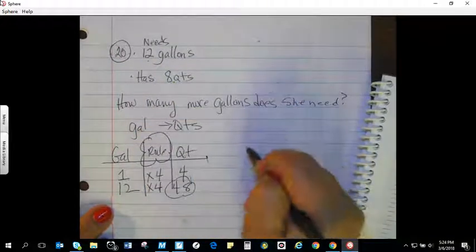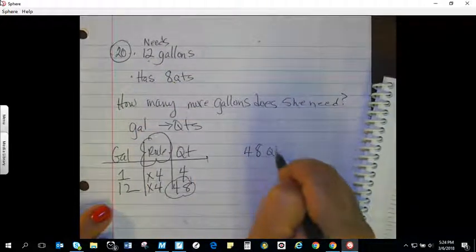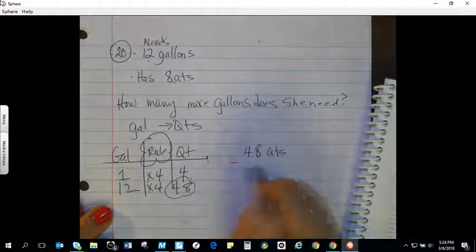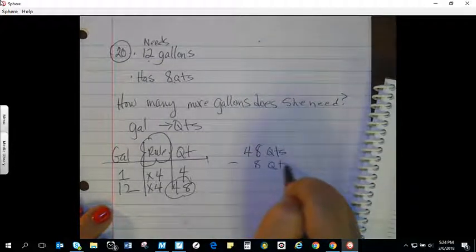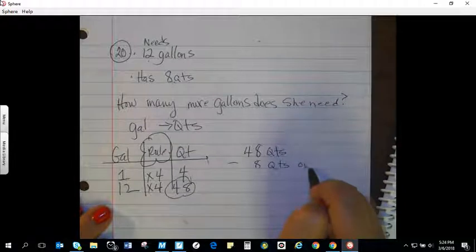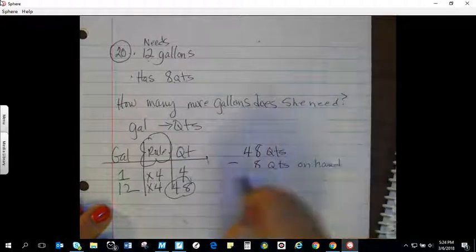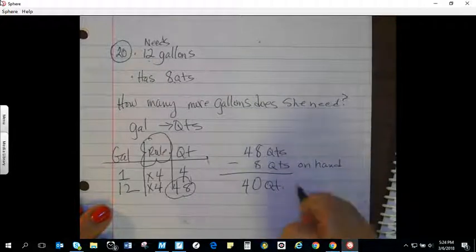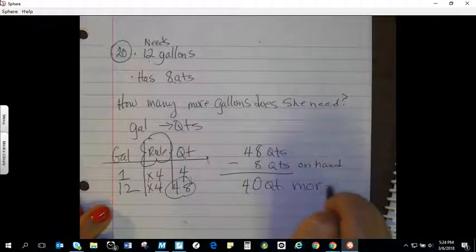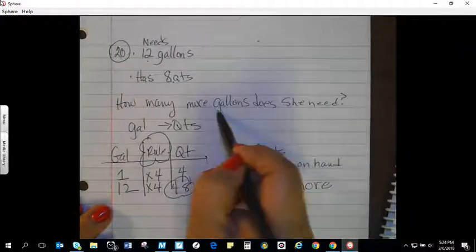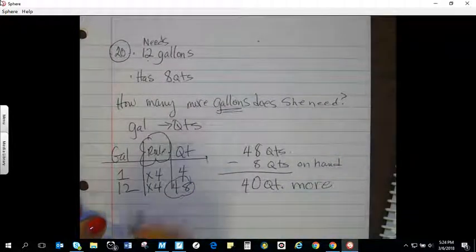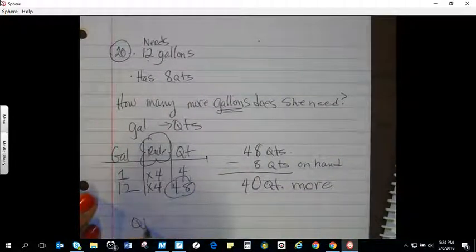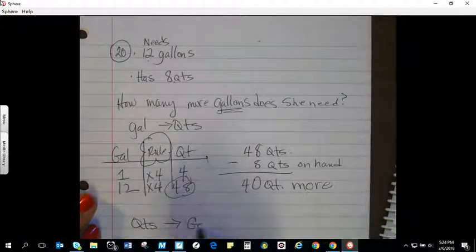So I can take my 48 quarts that I just converted, subtract the 8 quarts that she has on hand. She needs to have 40 quarts more. But it's in gallons. So now I have to convert quarts to gallons.